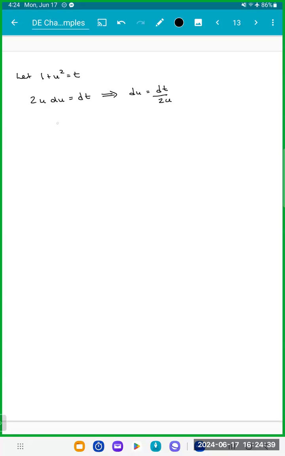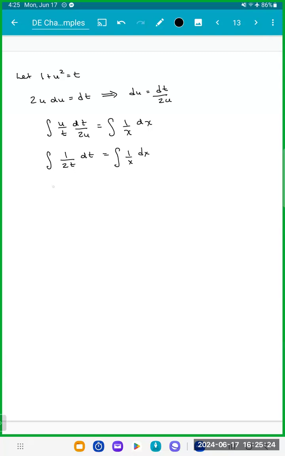So that's going to give us the integral of u over t dt over 2u, which is the left-hand side, equal to 1 over x dx. And now we can simplify that, and get to the integral of 1 over 2t dt is equal to the integral of 1 over x dx, because the u's will cancel.